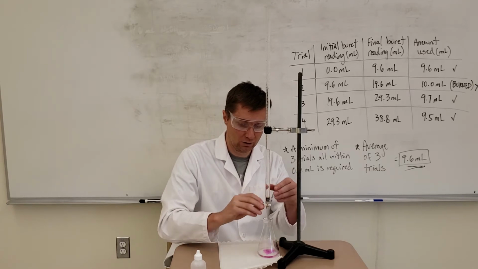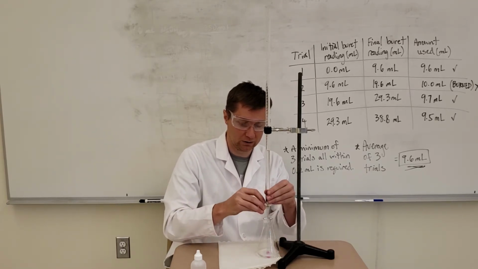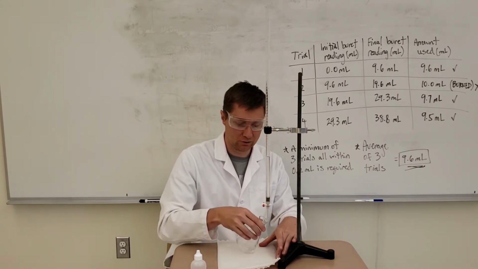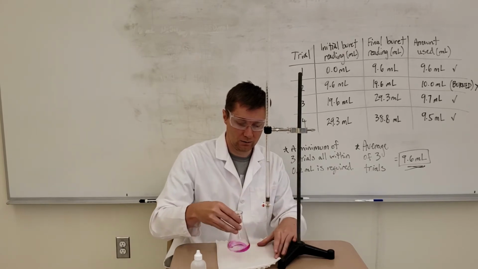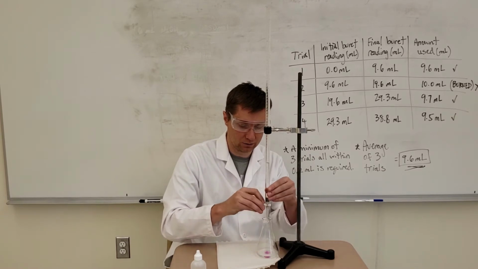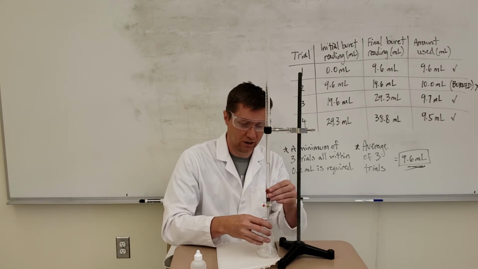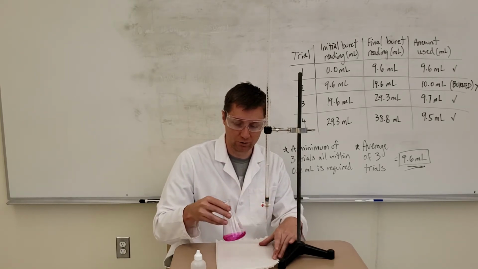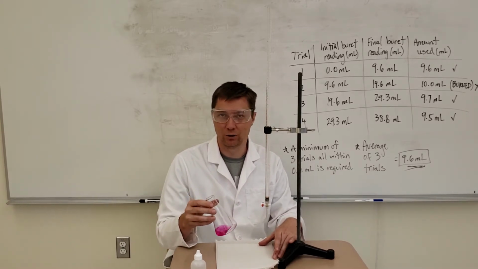So we're still at this point where that pink is disappearing quite quickly, so you can add a little bit more in and stir and mix so that pink disappears. And now that pink is taking a little bit longer, so I want to go just a few shorter bursts of the titrant just to make sure that I don't overdo it, because once you overshoot the endpoint of the solution, like you can see I did right there, then there's no going back.